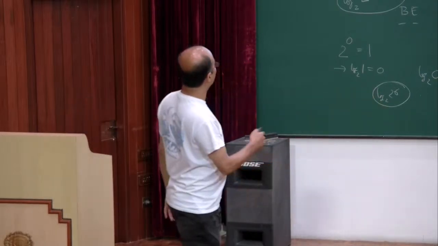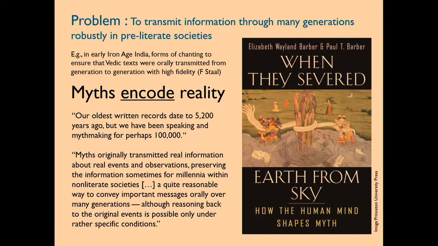And what Barber et al. have said in this book is that myths are basically a robust encoding of historical information when you want to send information across many generations in a robust manner. So just saying big flood, man died, okay, not very useful. Okay?